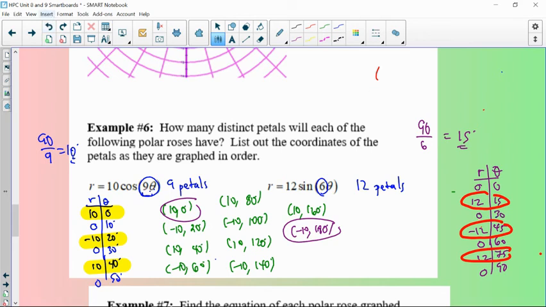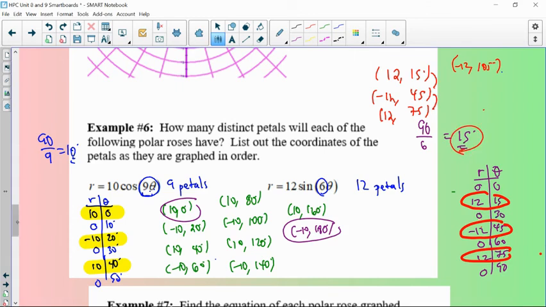Oh, okay, I erase everything, my bad. So 12, 15 degrees, and then negative 12, 45 degrees, then positive 12, 75 degrees, and then negative 12, 105 degrees. And again, you're just adding 30 each time because 30 represents two groups of 15.